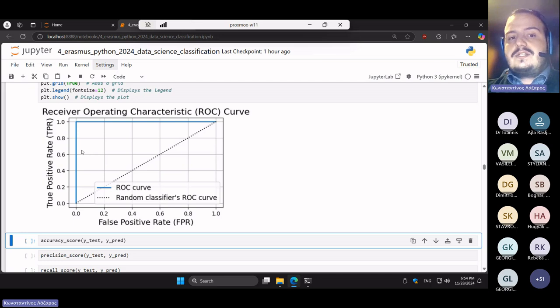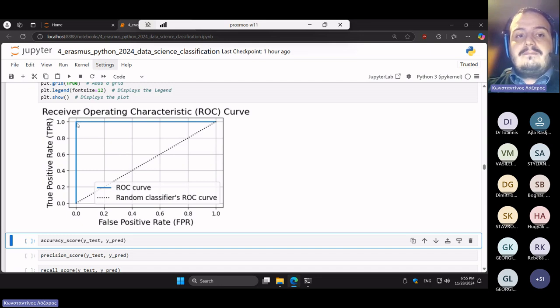So in ideal cases, which is pretty much what we see here, again, because Iris is a benchmark data set, we would expect a performance of such scale out of such a data set: a line which goes upwards and then all the way to the right. And in order to be able to put this into a score, to see the numbers behind this, we can also get the area under the curve.